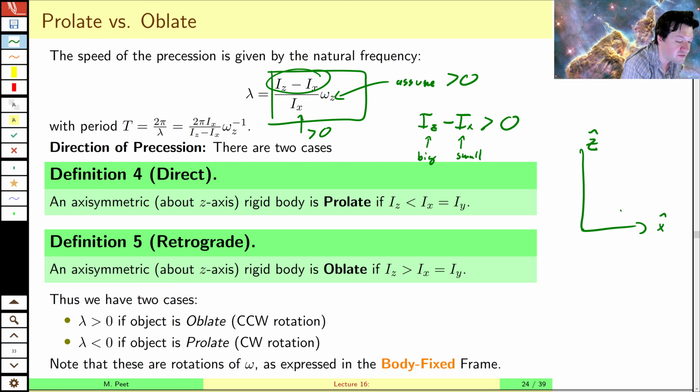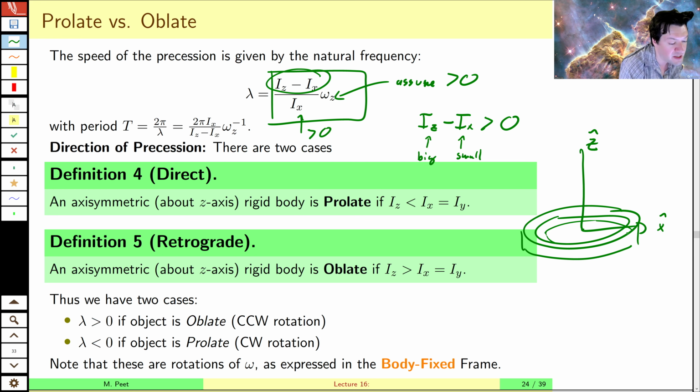So if we had a spacecraft that looked like that, like a disk, and it was oriented in this way, then there's more mass farther from the z-axis than there is from the x-axis. So the extreme case would just be a ring. My drawing skills are now fading.